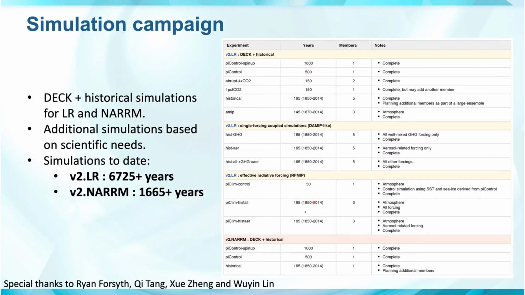And then we're going to do a large subset of those simulations as well with the regional refined model. And she has done the PI control and 1 historical simulation, and we'll do more simulations shortly. So we have more than 6,000 simulations at low res to date, and over 1,600 using the North American regional refined configuration.